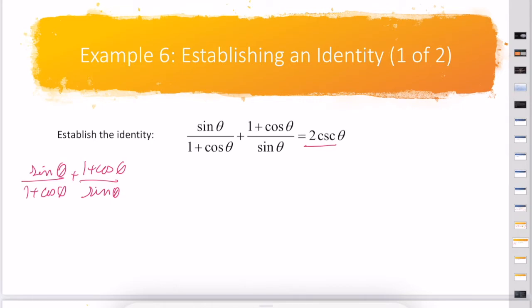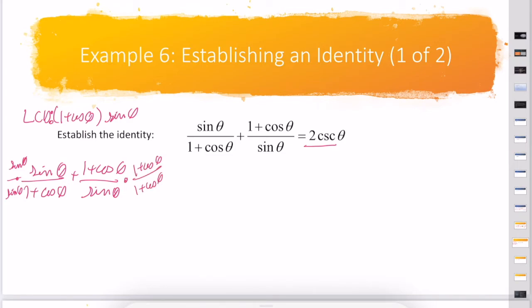We need to find the LCD, and because these denominators have no factors in common, the LCD is going to be 1 plus cosine theta times sine theta. So on the left, I'm going to multiply by sine of theta over sine of theta. On the right, I'm going to multiply by 1 plus cosine theta over 1 plus cosine theta.